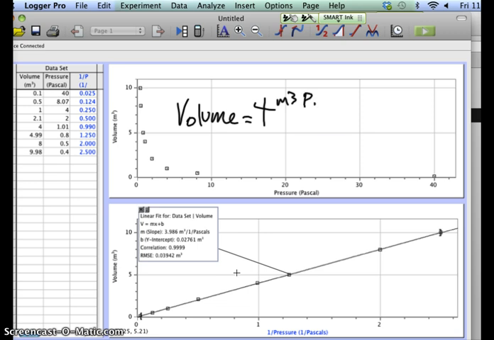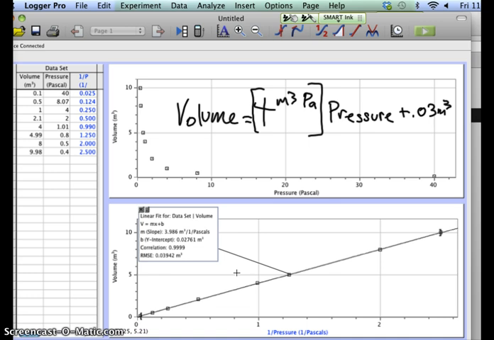Why don't I just write Pascal here? Because it's 1 over Pascal. Okay? And then that's times pressure. I screwed up. See if you can find the error. Plus 0.03. And then the units are meters cubed because that's my intercept.